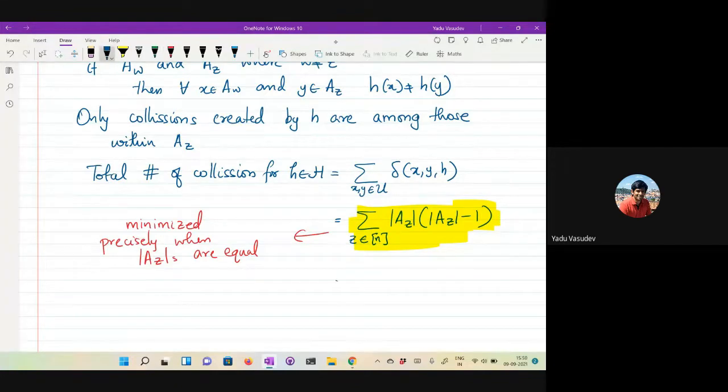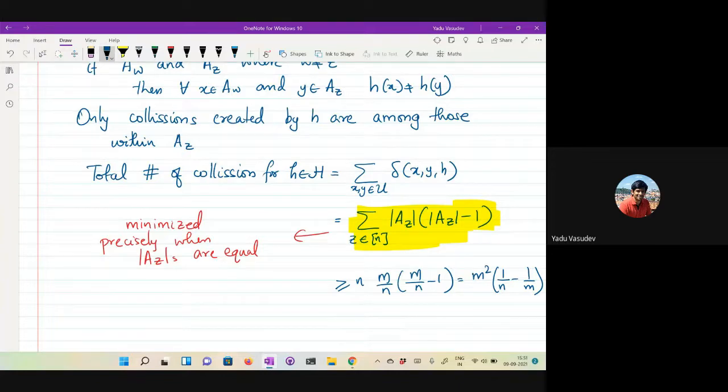So this is at least n times m over n times m over n minus 1. This is m squared times 1 over n minus 1 over m.